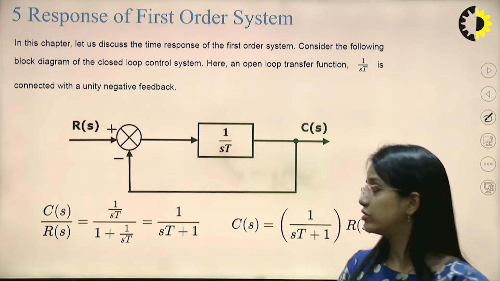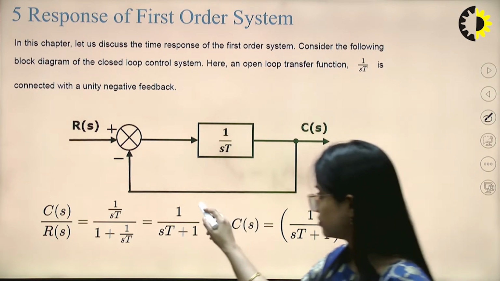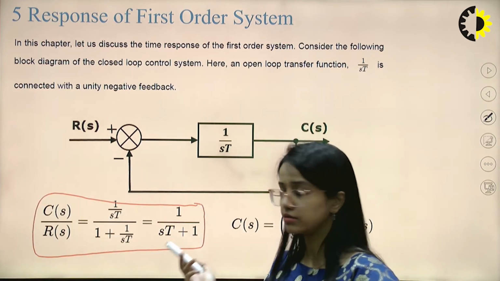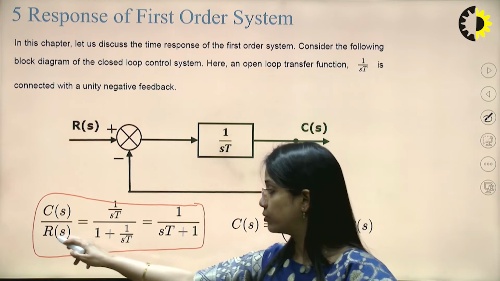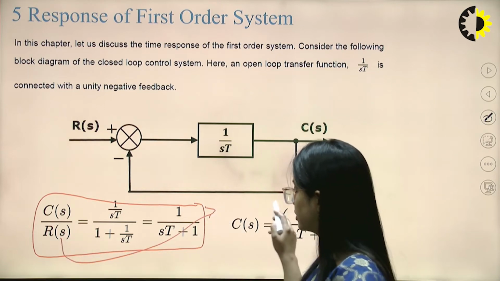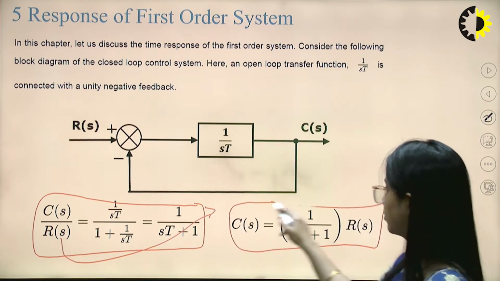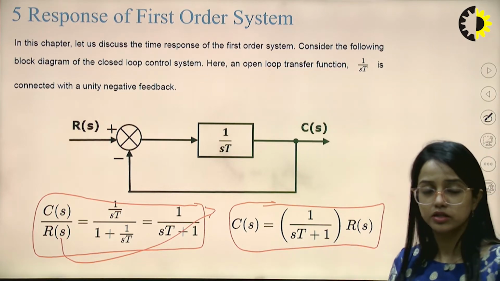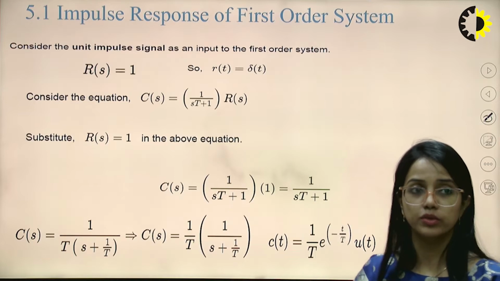Then we have a transfer function by this expression. Considering the output, we multiply R(s) here, then C(s) is equal to 1 upon (sT plus 1) into R(s). So this is in the s domain. Now we can find the same in the t domain.